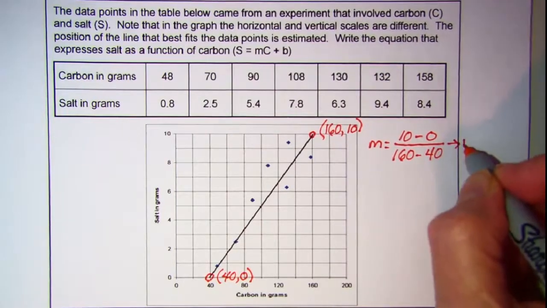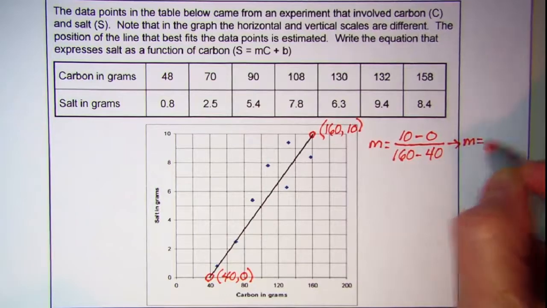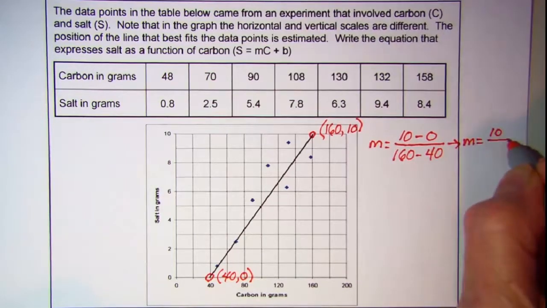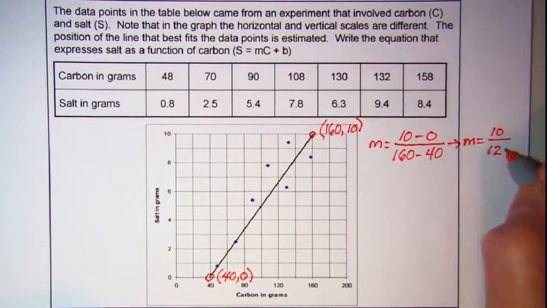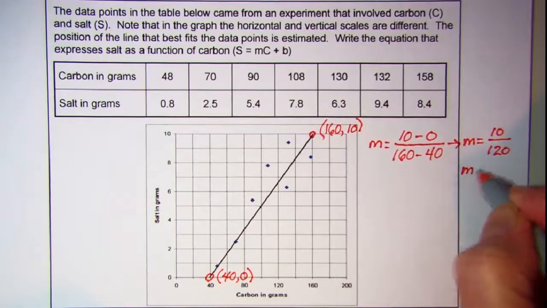So my slope is 10 divided by 120, or simplified 1/12.